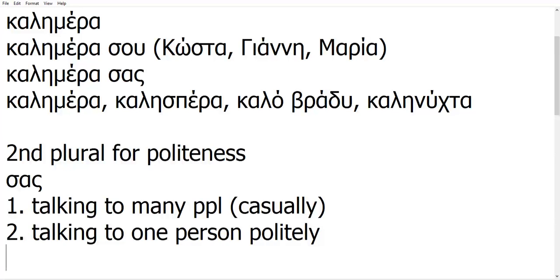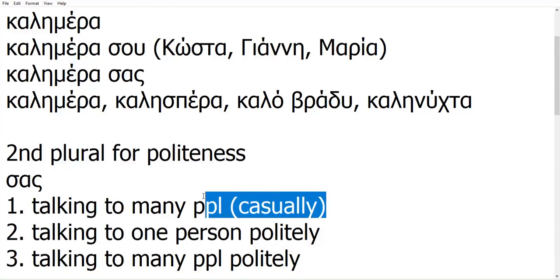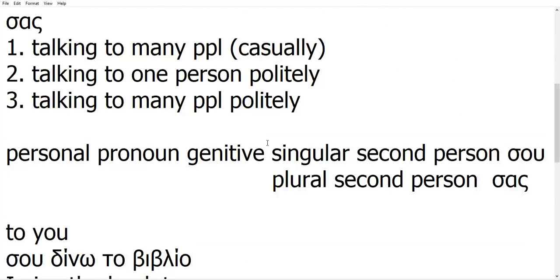Now, there's the third case. You are talking to many people politely, but here a problem that Greek has is that you can't really distinguish between these two, between 1 and 3. So if I want to talk to the parents of my wife, or if I want to talk to the grandparents of a friend in a polite way, there is no way to show it just by using the verb.